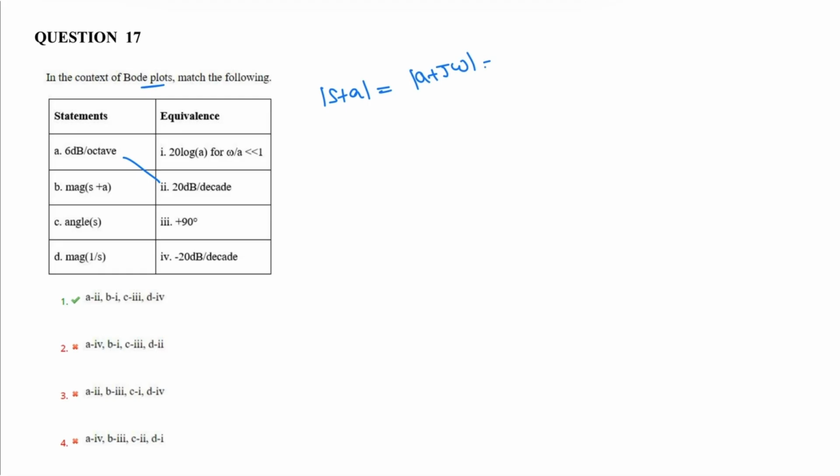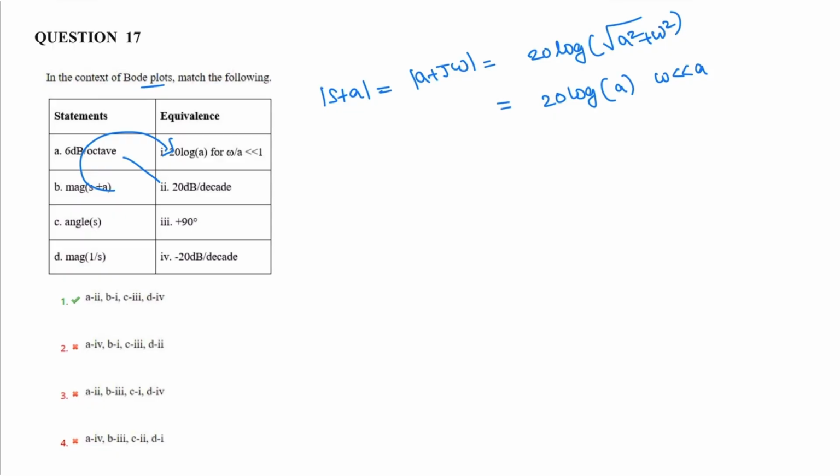Its magnitude is 20 log of square root of a square plus omega square, and its value is 20 log of a, since the square root of a square is a if omega is far less than a.